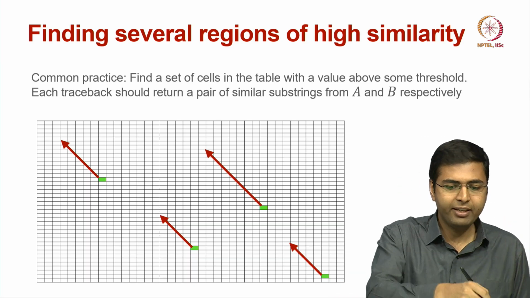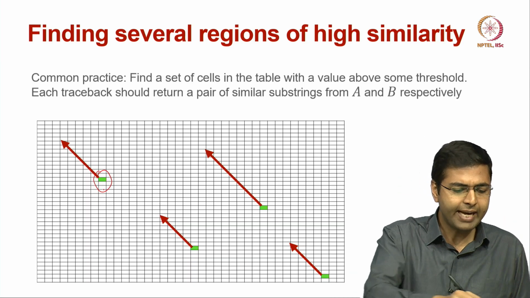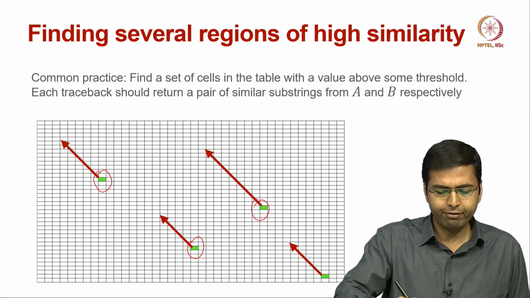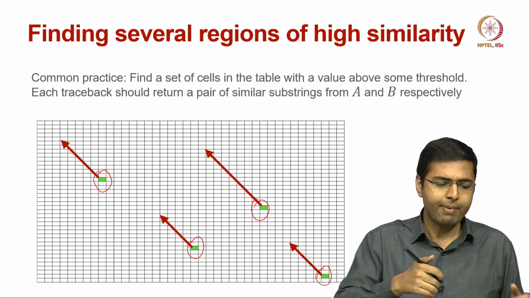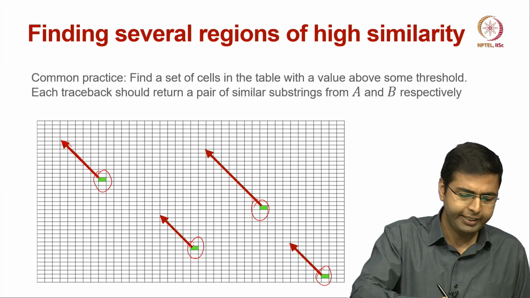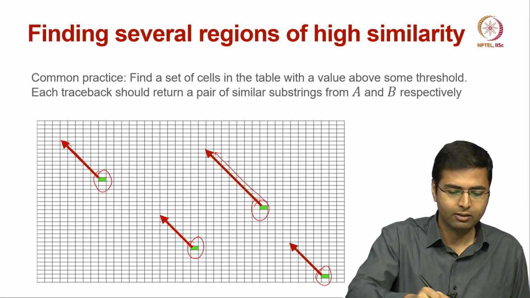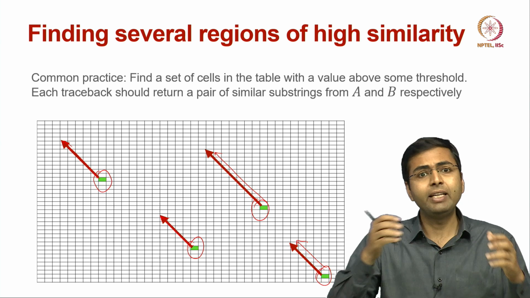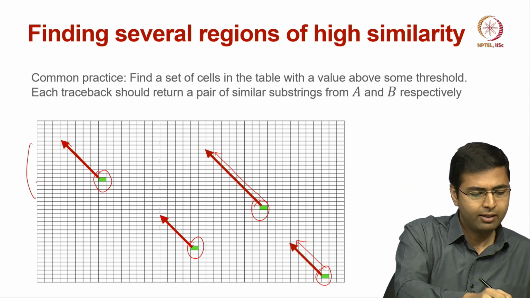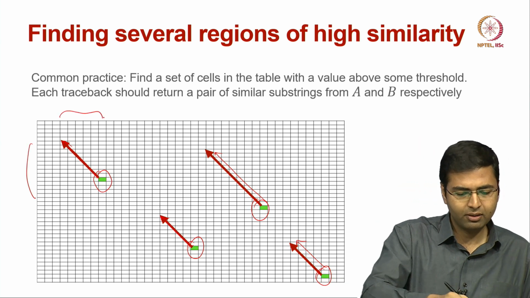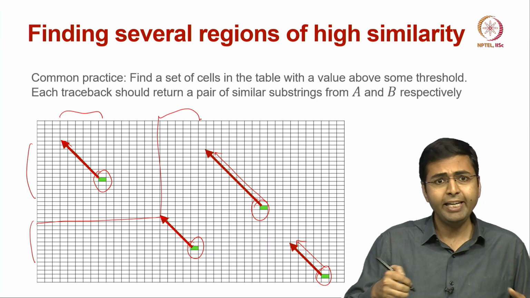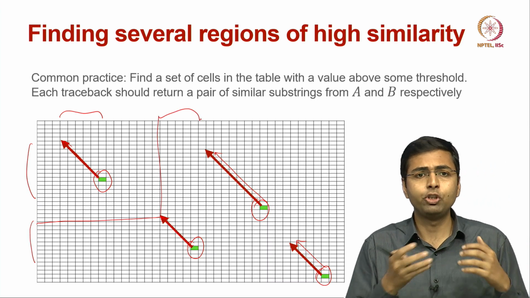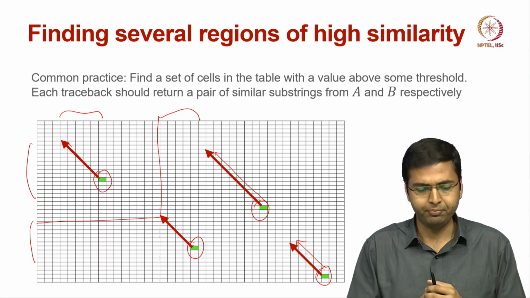For example, we define a threshold and see which cells have high value, and then we can individually start the trace back from each of these cells. Each of these trace backs will give me substrings from both genomes that have high similarity.